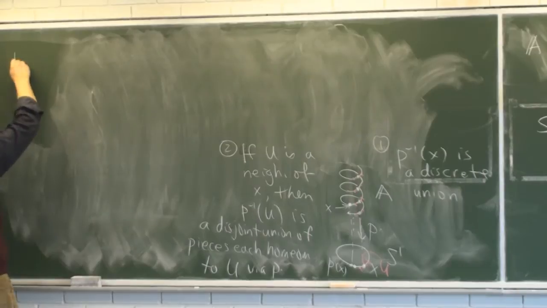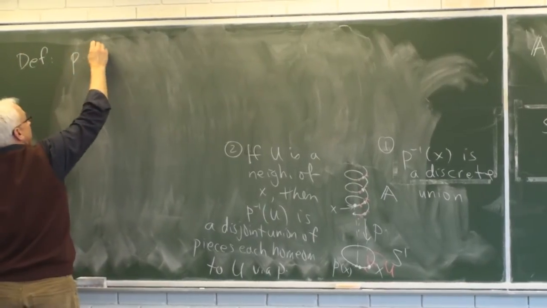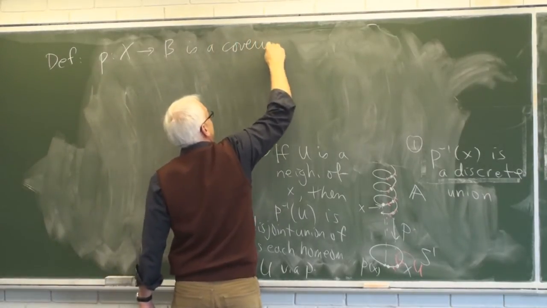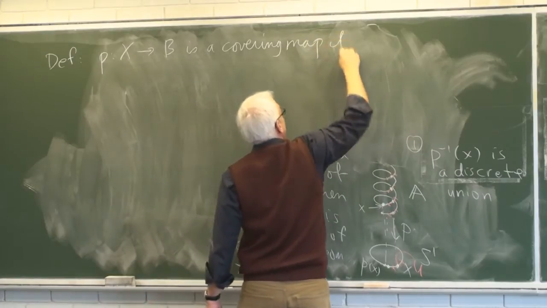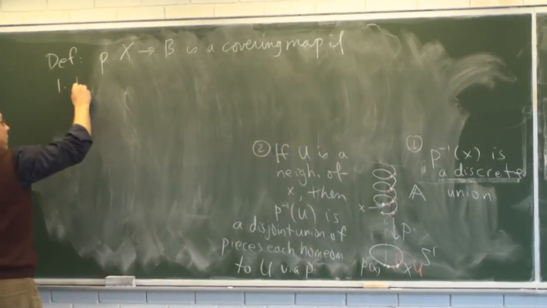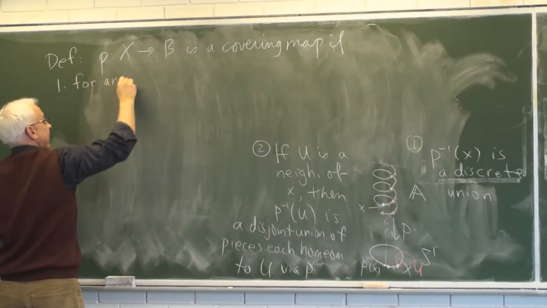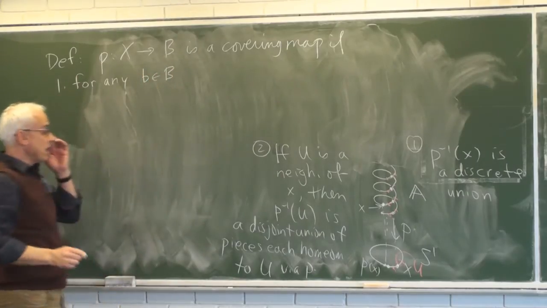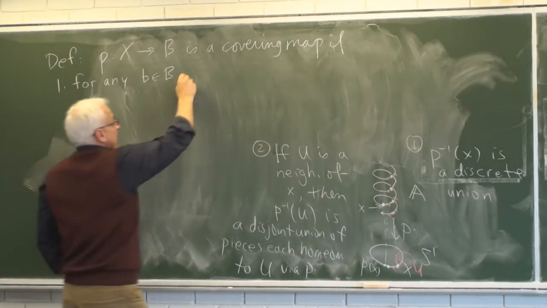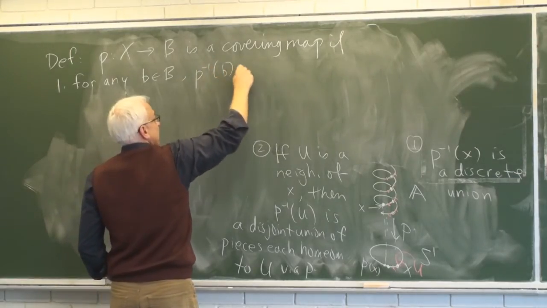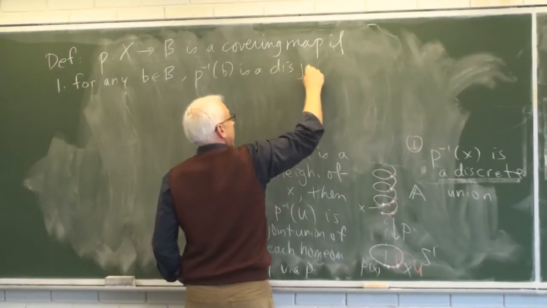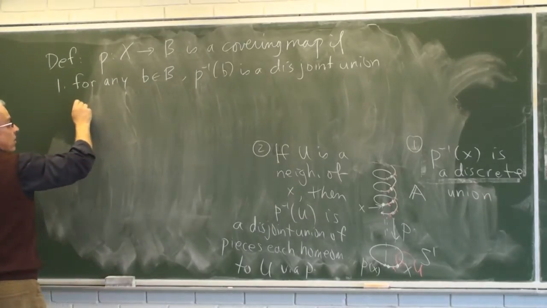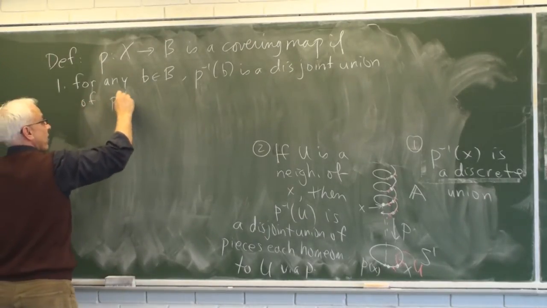So let me say it officially. Definition: if we have P from a space X to a space B, this is a covering map if, first of all, for any b in the base, P inverse of b is a disjoint union of points.